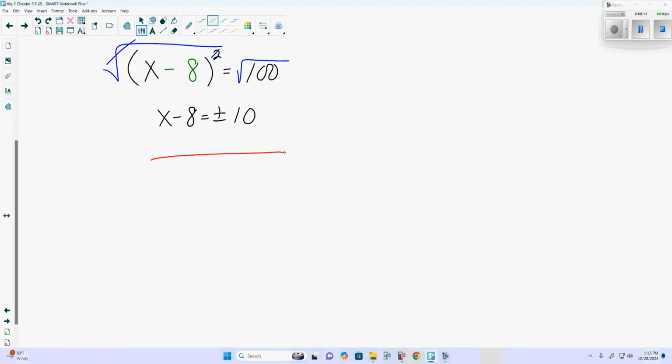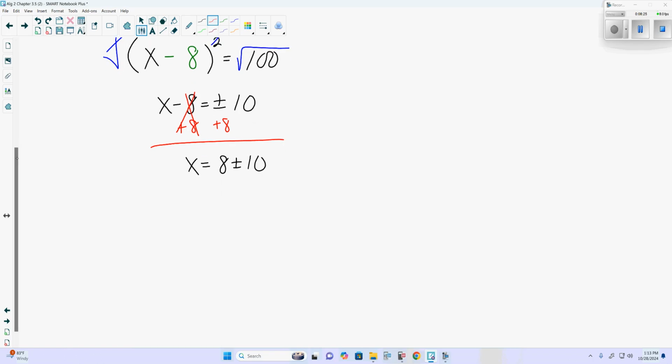Now at this point, we do need to solve. To solve, the first thing we're going to do is add 8 to both sides, because our negative 8 plus 8 will cancel out, leaving us with x by itself is equal to 8 plus or minus 10. Can we add 8 and 10 together? Are they like terms? Yes.